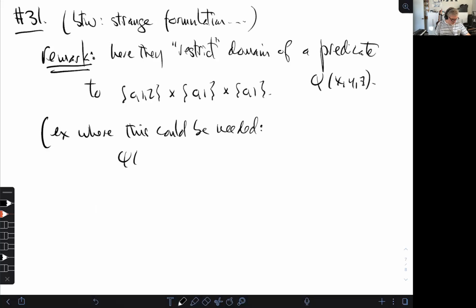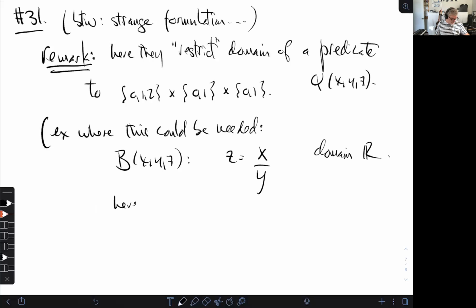Let's say I define Q of X, Y, Z to be, let's not call it Q because you'll confuse it with this one, let's call it B. B of X, Y, Z: Z is equal to X divided by Y, and the domain would be, let's say, R. So you see that in this case, you can't plug in all possible real numbers for X, Y, Z. You have to prevent Y from being 0.